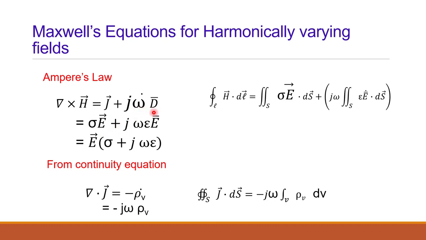Plus j omega D can be replaced by epsilon into E bar. Now we can take E bar common and write in bracket sigma, that is conductivity, plus j omega into epsilon. Where sigma is conductivity in Siemens per meter, omega is angular velocity, epsilon is permittivity, and it is equal to epsilon naught epsilon r.